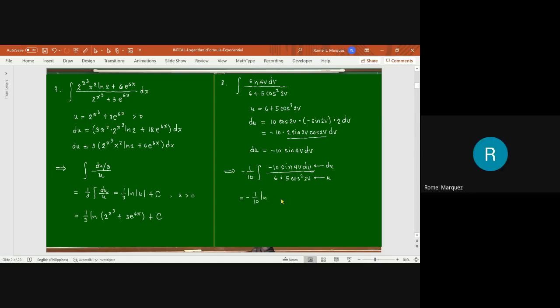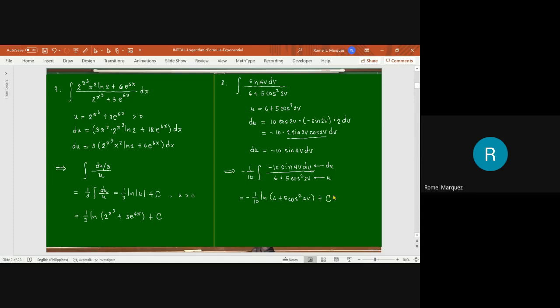But what is our u? 6 plus 5 cosine squared 2v. Do I need absolute value for this, guys?